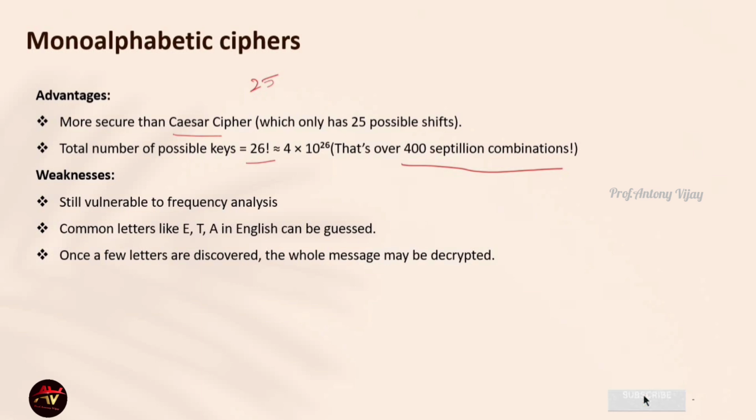These are the advantages of monoalphabetic cipher, but there are some weaknesses. It is still vulnerable to frequency analysis. In English, letters like E, T, A can be easily guessed. If one letter can be easily guessed, they can easily identify the other letters also. This is the main drawback of monoalphabetic cipher.